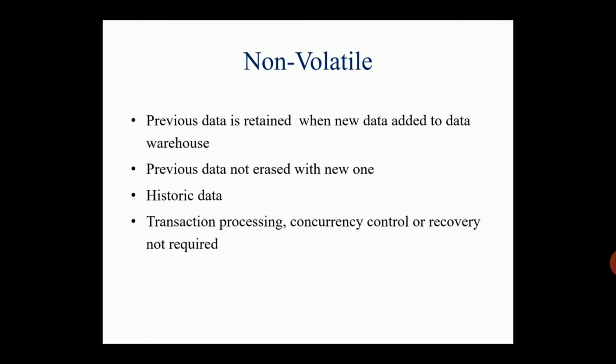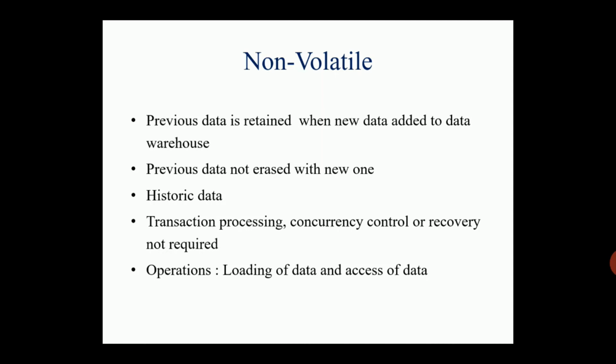As we know, the data stored in the data warehouse is historic data. So it does not require transaction processing, or a concurrency control mechanism, or a recovery mechanism, as we are not dealing with operational data.